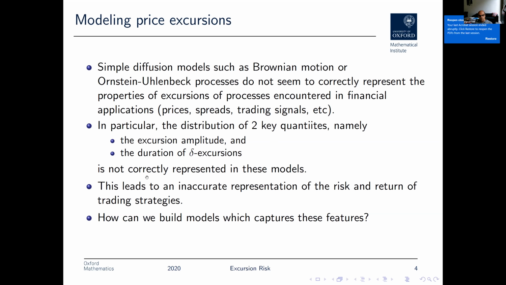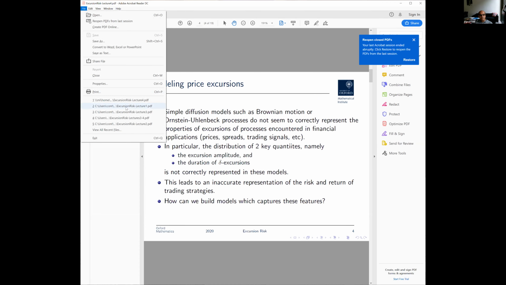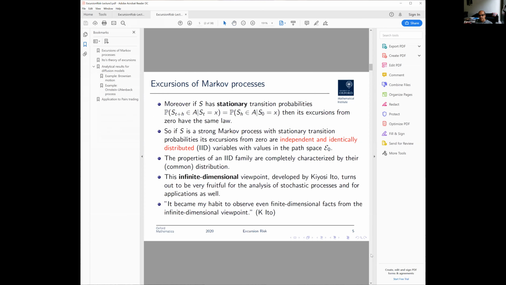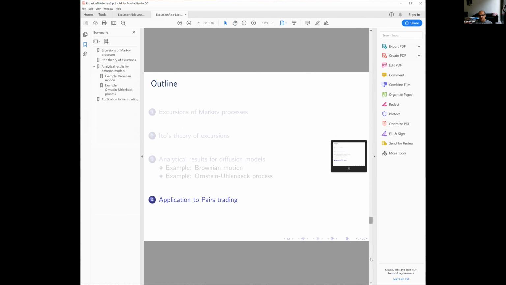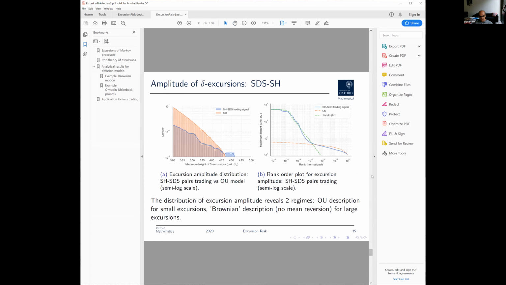And let me just show you an example of what I'm talking about. This is a graph from yesterday's talk. This graph, I think, is the most interesting. It shows, for one of the data examples that we saw yesterday, the SDH-SH pairs trading application, where we fitted the Ornstein-Uhlenbeck model.